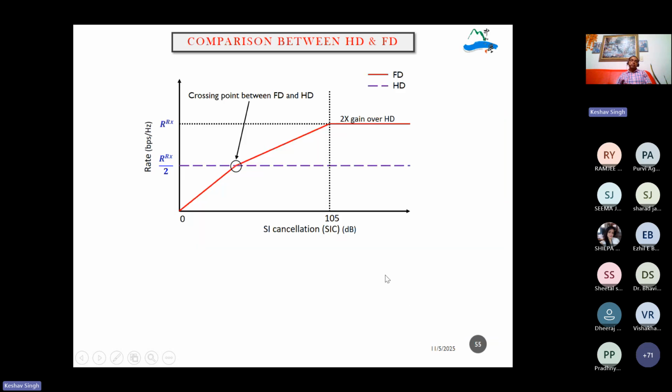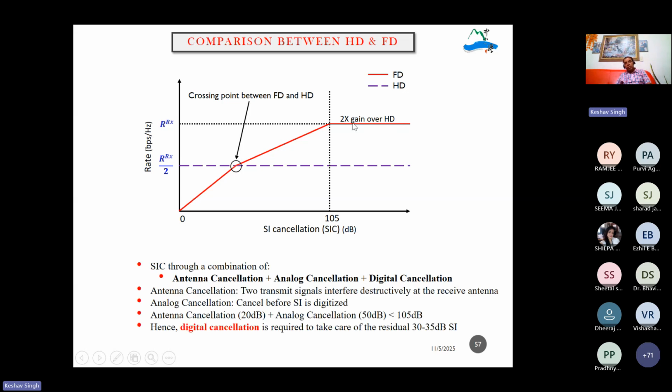So here we can compare the SI level versus rate. This is the ideal full duplex case. If we bring the SI level below 105, we can achieve a 2 times gain over half duplex. This is the ideal case, that is not possible. So we can do SIC, that means SI cancellation, at 3 levels.